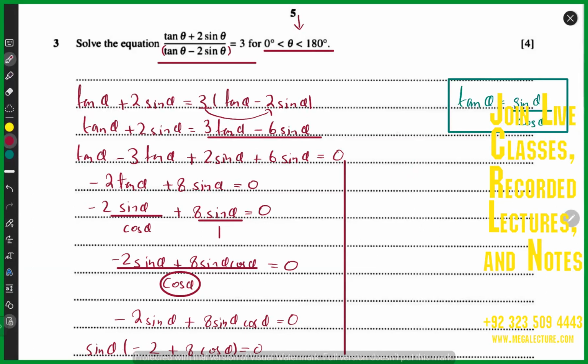So the two numbers are being multiplied. So this can be that sine theta is equal to 0. This is my first equation. And it could be that minus 2 plus 8 cos theta is equal to 0. And this is my second equation.